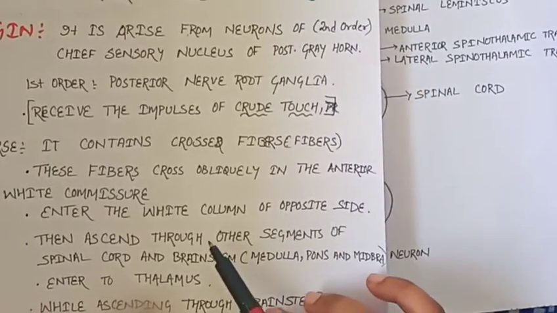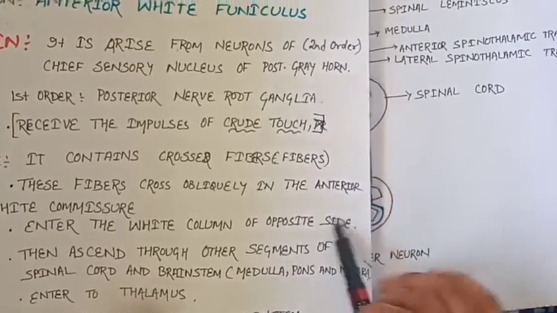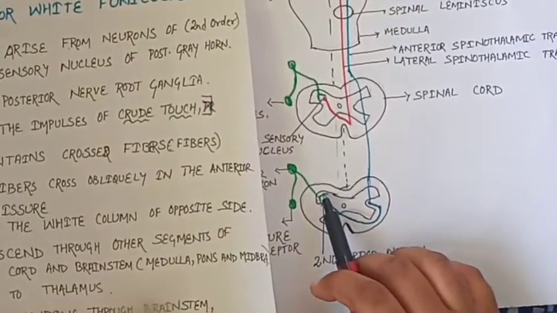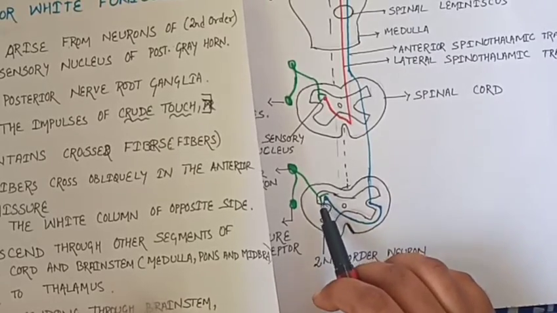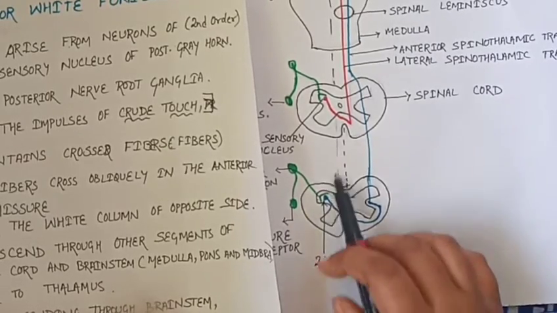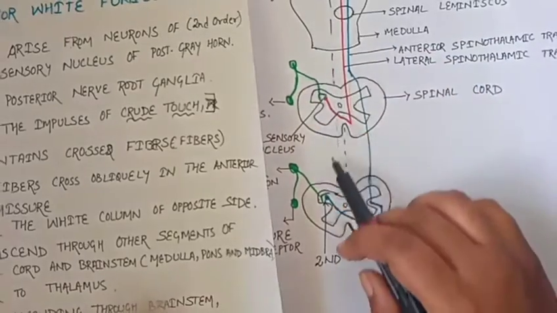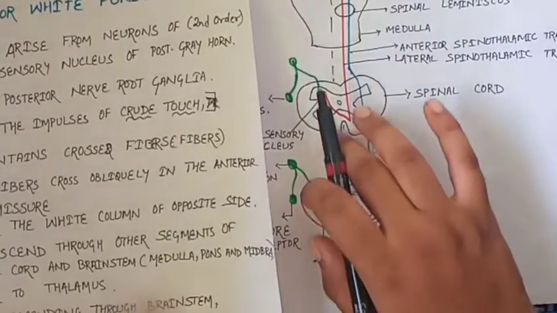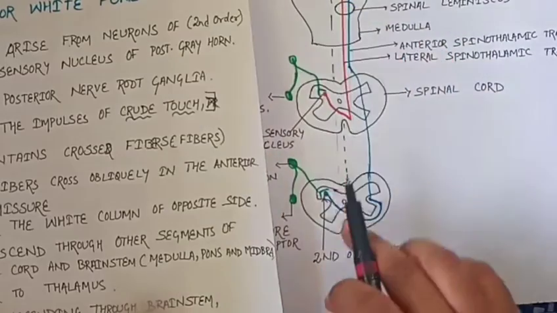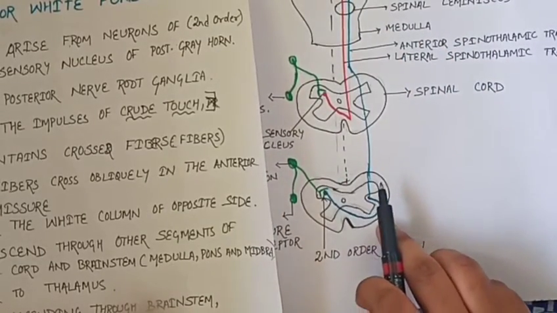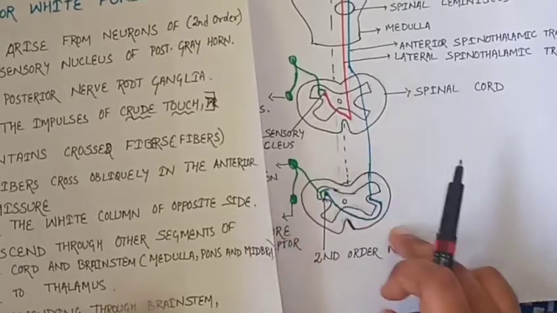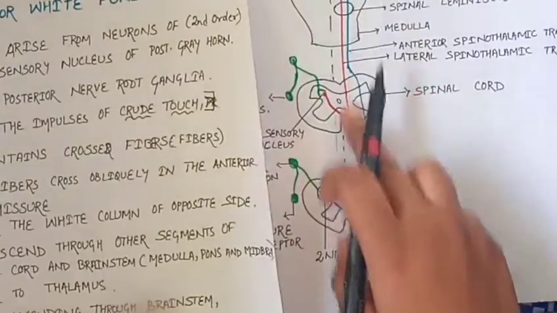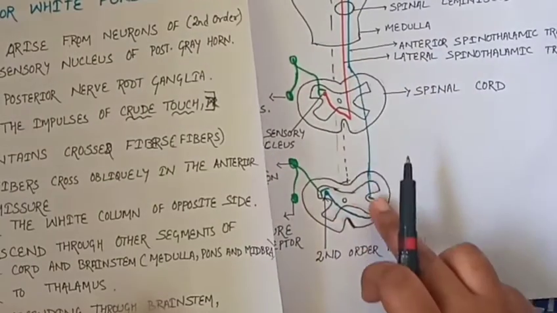Then what happens? It enters the white column of the opposite side. It is not on the same side, because if the fiber went that way it would be a pathway of the same side, but this fiber crosses and enters the opposite side. That's why we call this pathway a crossed pathway.